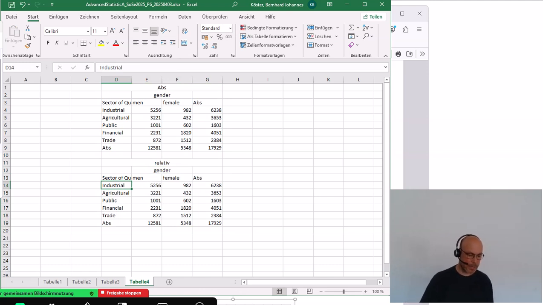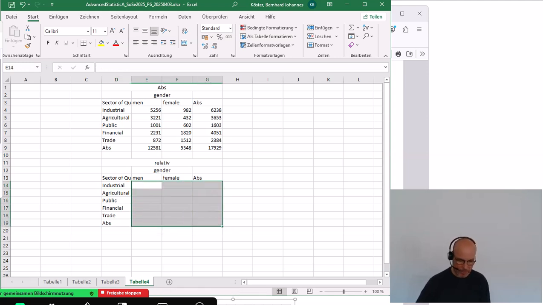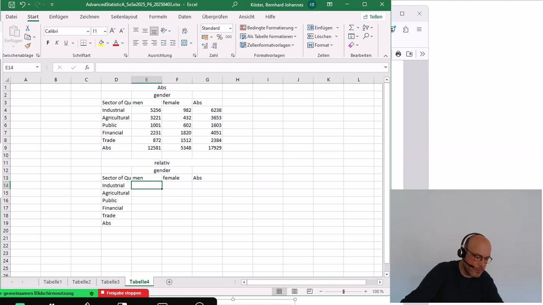What do I have to do when I want to calculate the relative probabilities? So here we want to have what is coming out of my explicit data, the probability to have a qualification in the industrial sector and to be man. What do I have to do?